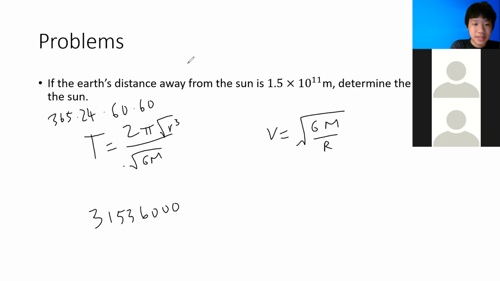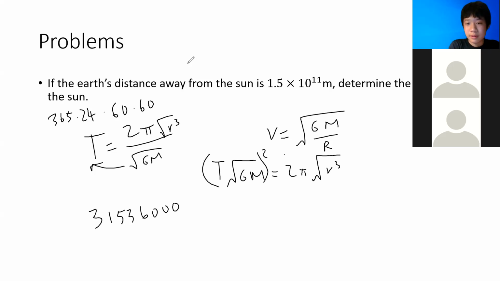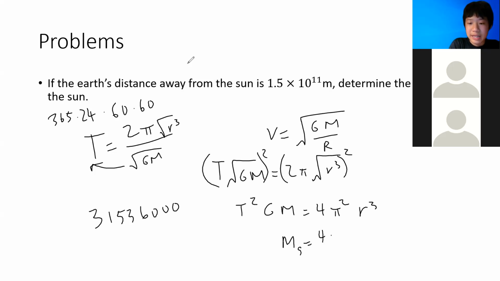Let's first move this to the other side: T times the square root of gm equals 2 pi times the square root of r cubed. Let's square everything. T squared gm equals 4 pi squared r cubed. So the mass of the sun will be 4 pi squared r cubed over t squared times g.